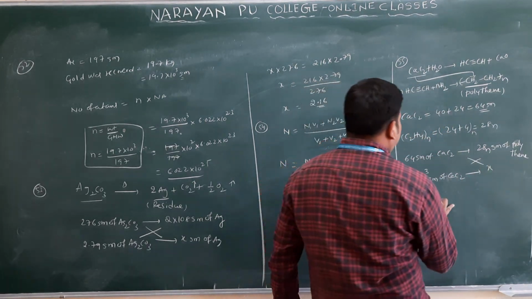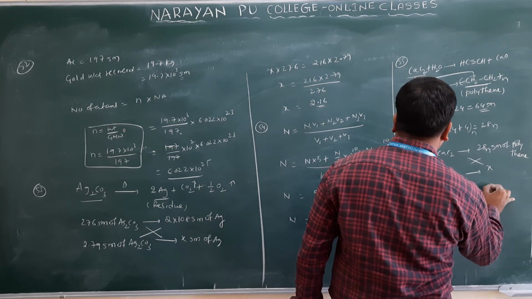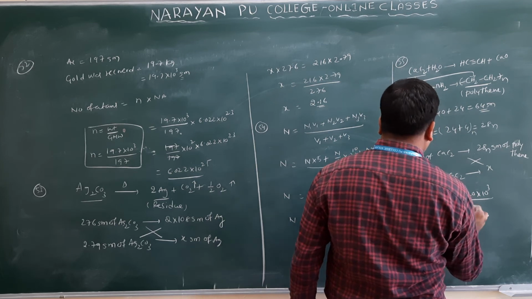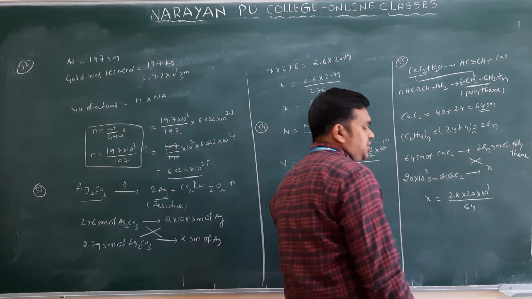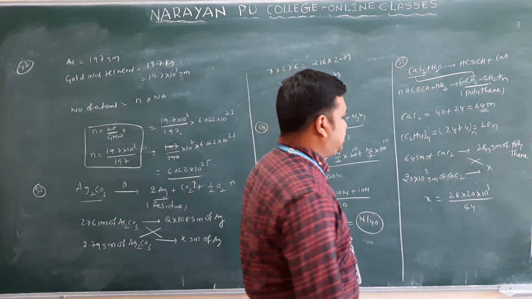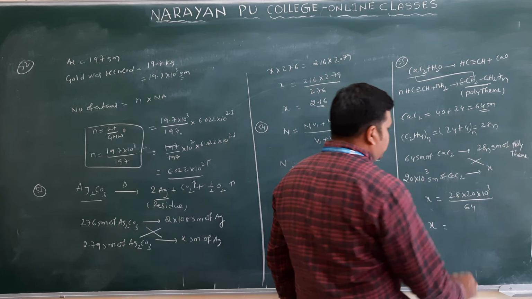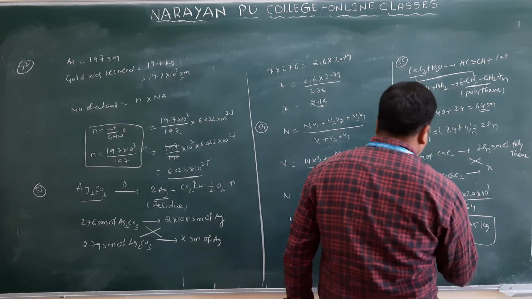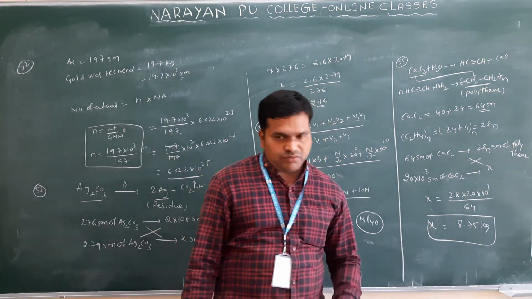Now X is equal to 28 into 20 into 10 cube by 64, by cross multiplication. If you do the calculation, you will get approximately 8.75 kilograms only.